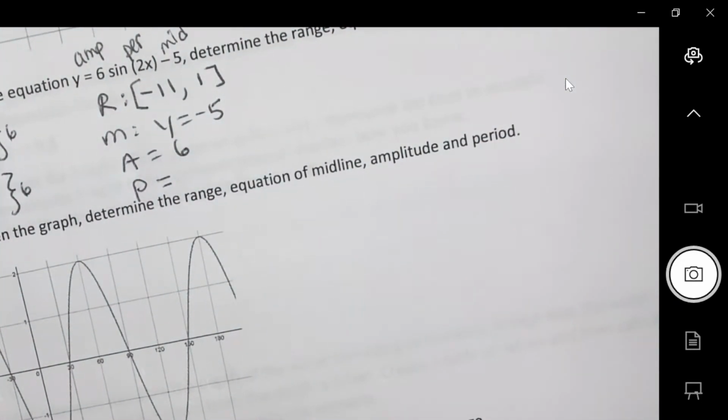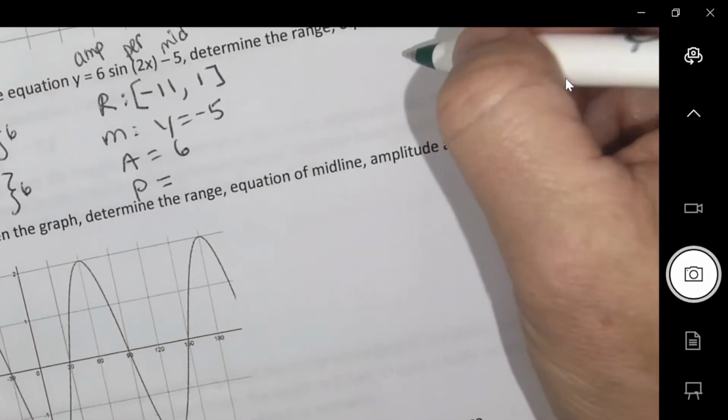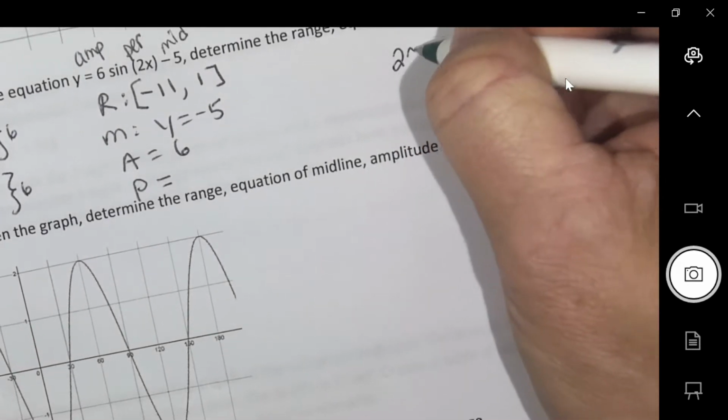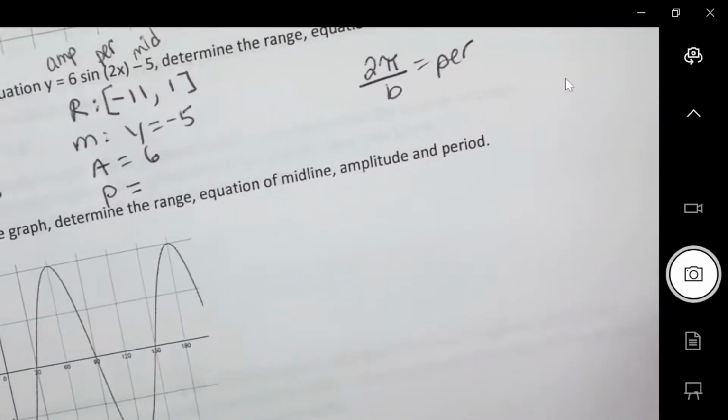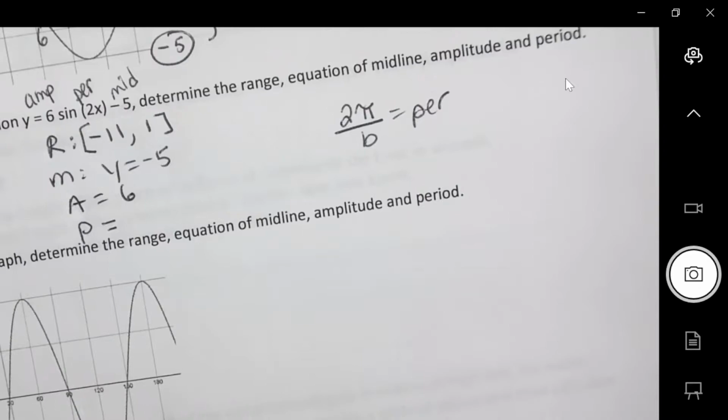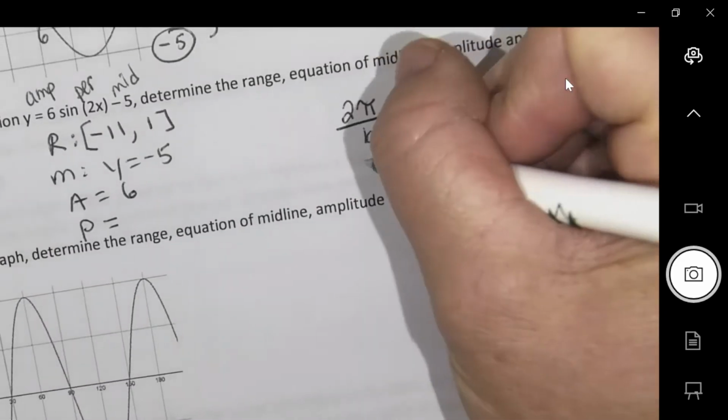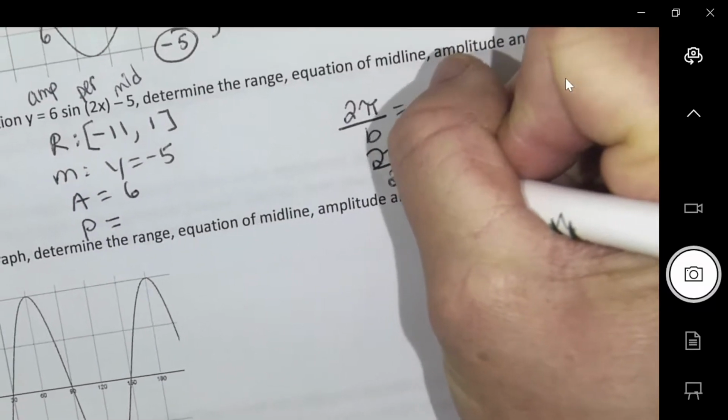And the period, we're going to go to the sideline and do 2 pi over b equals period. So that's going to always be that little formula. Okay, so 2 pi over 2.